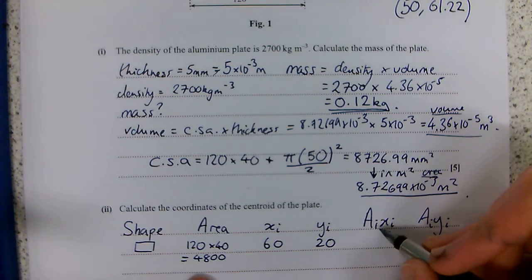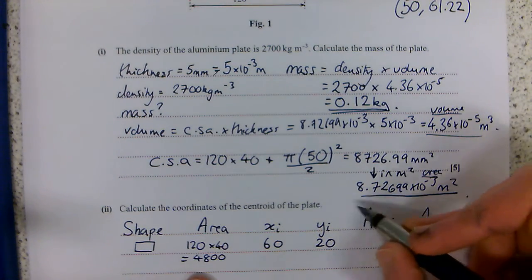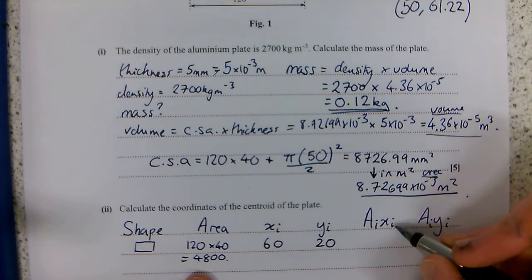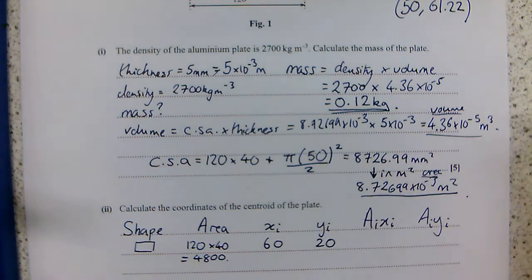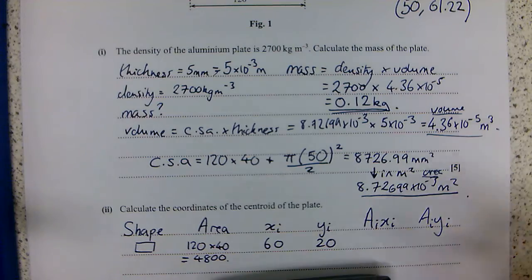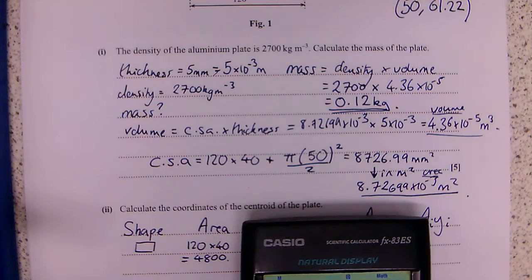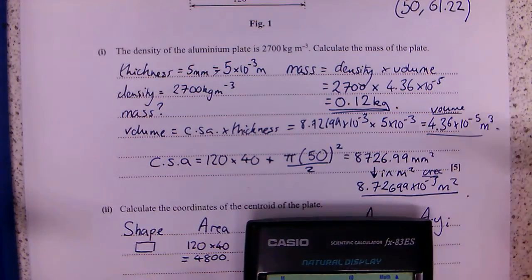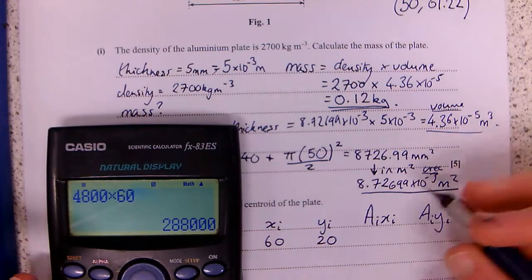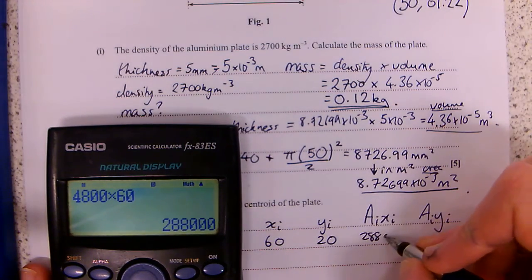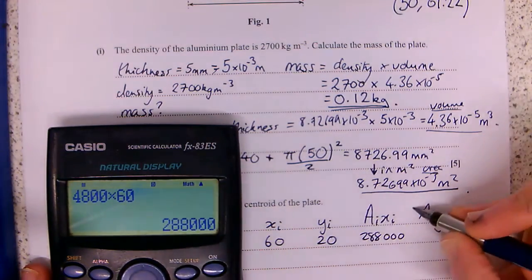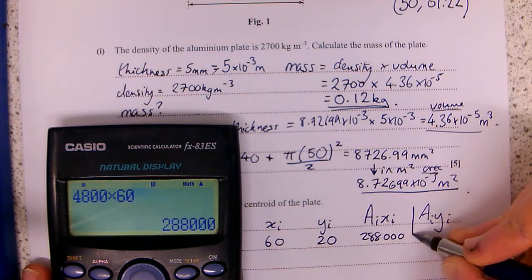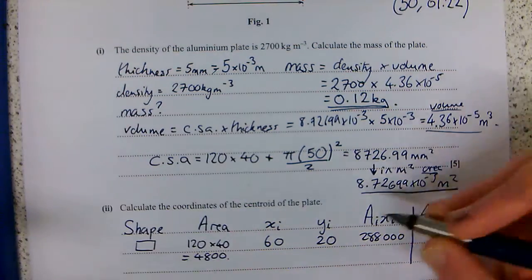Now, this next step is we take the area and we times it by the x. So we've got 4,800 times 60. We get 288,000. Then we take the area and times it by the y centroid.